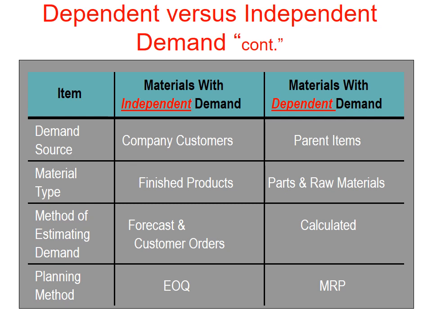The other is parts and raw materials. Method of estimating demand: forecast and customer orders. The other is calculated from the items that are required. Planned methods: economic order quantity. The other is material requirement planning.